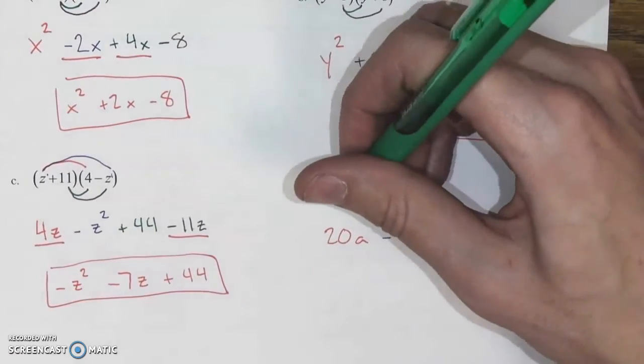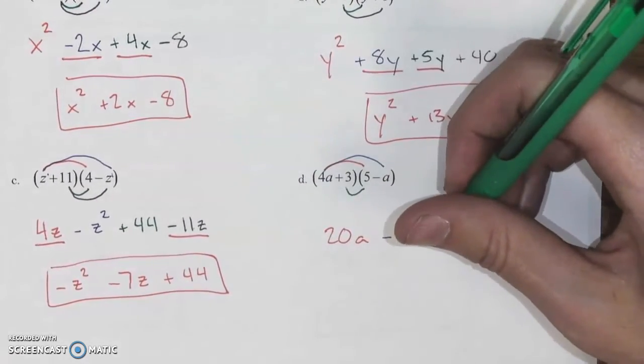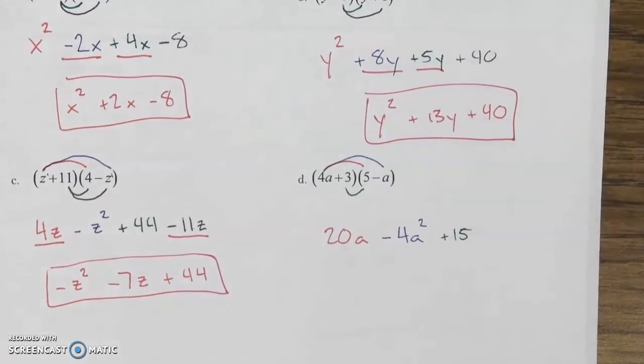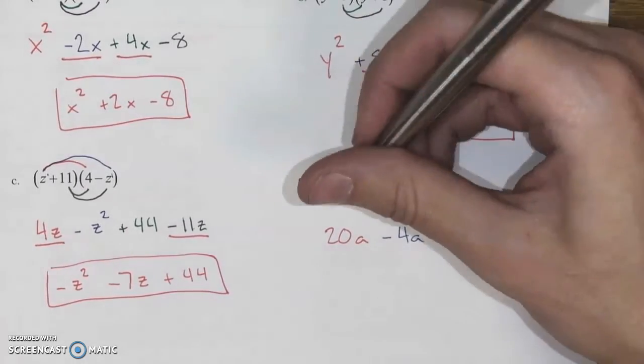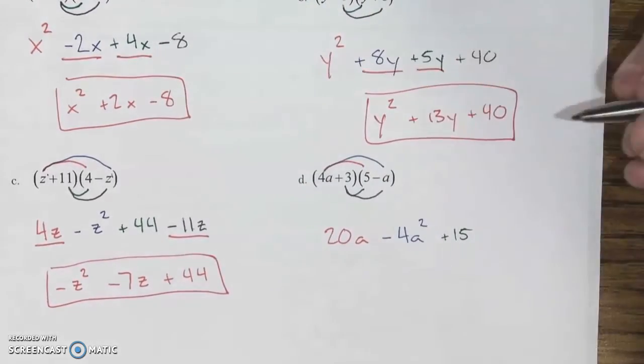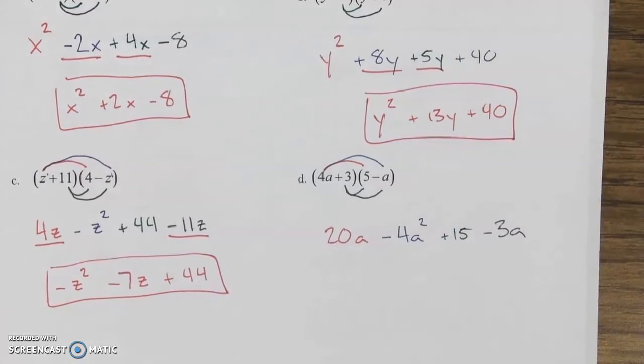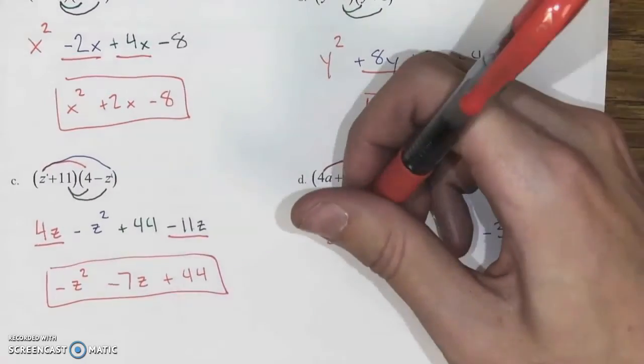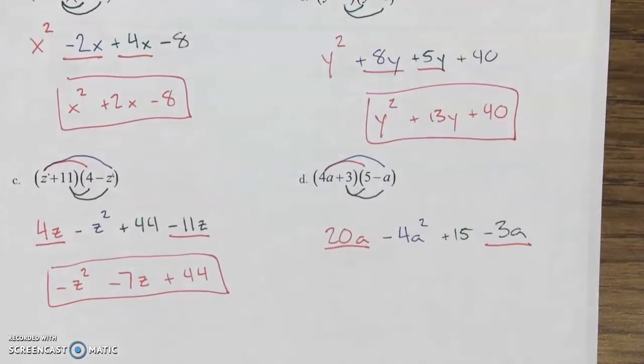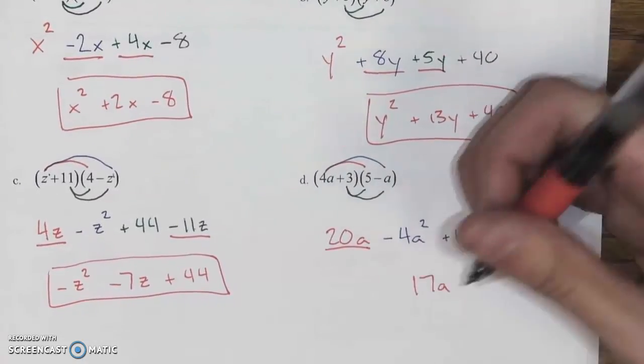Inner, we have 3 times 5 gives us a positive 15. And last, we have a 3 times negative a gives us a negative 3a. Combine like terms, 20a and negative 3a gives us 17a.